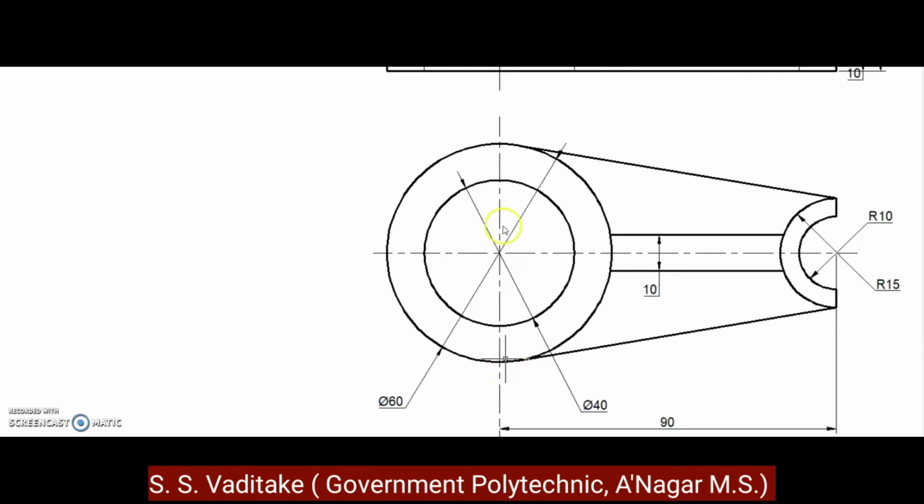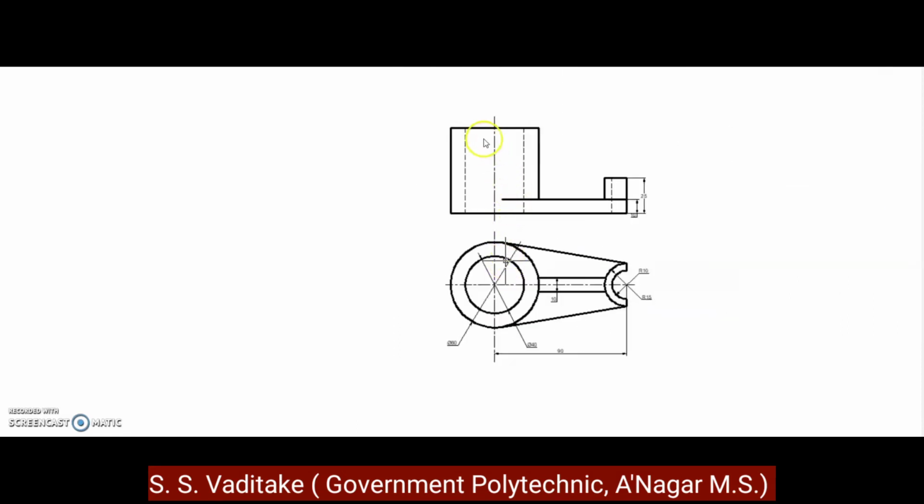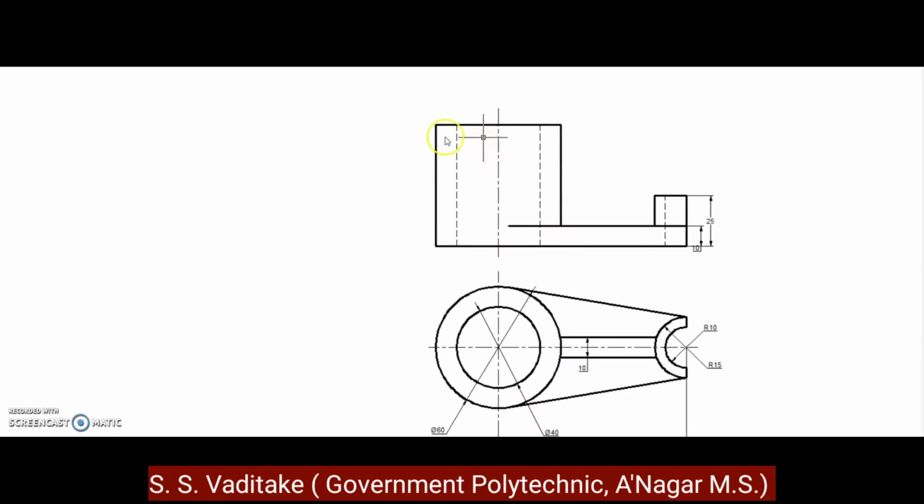Overall width from the top view we can predict from this diameter. So overall width is 60 millimeter, and overall height, here height is required to be shown. So we will show it.